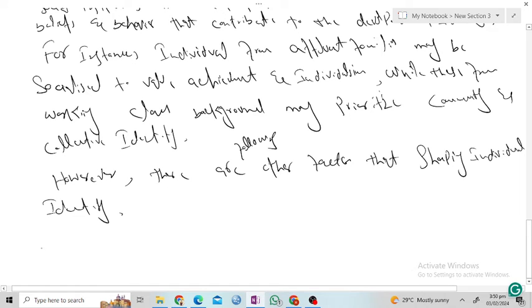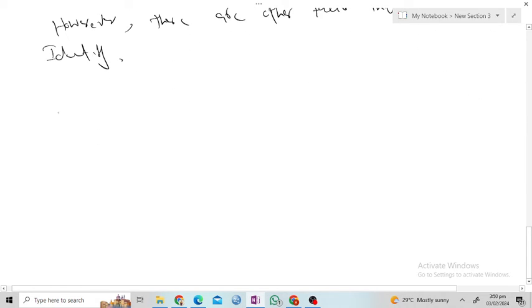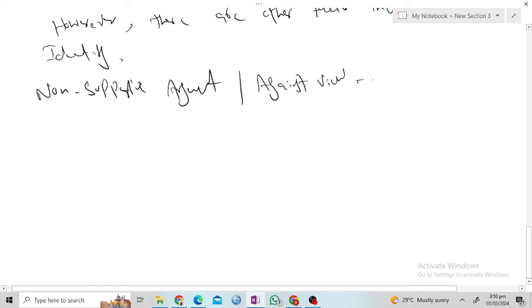You might give a heading of non-supportive arguments, or you might say against view. It's totally your choice of words. What could be the non-supportive arguments is, let's say, agency and individual choice.